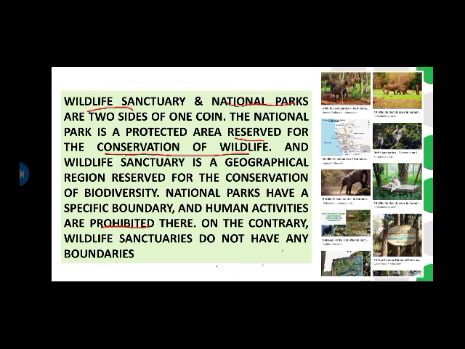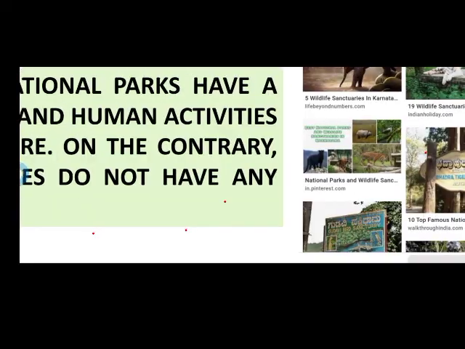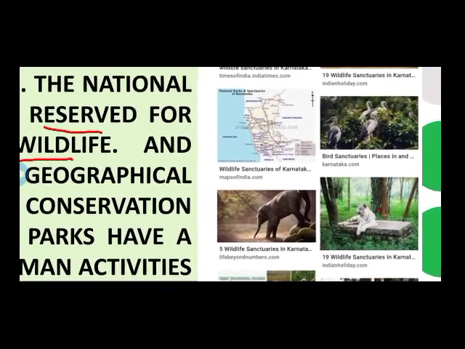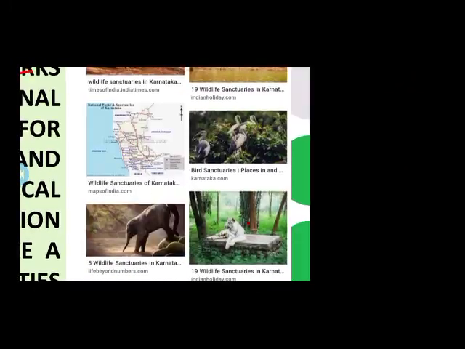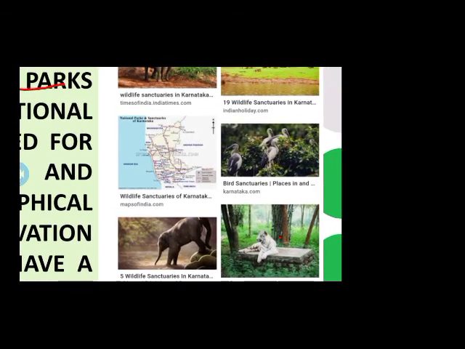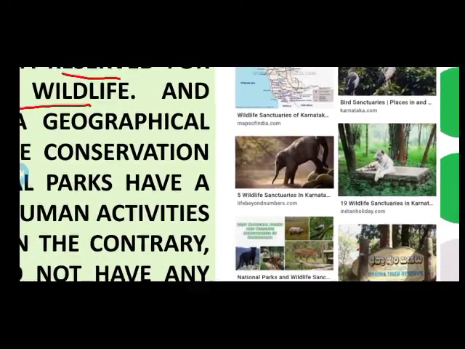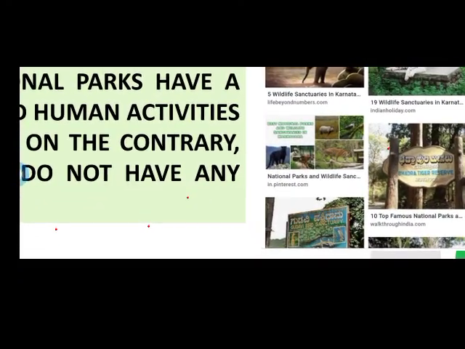Look at this picture. See, these are the wildlife sanctuaries you see here. There are many wildlife sanctuaries in Karnataka. You must visit them. They allow a certain area for the tourists to visit.